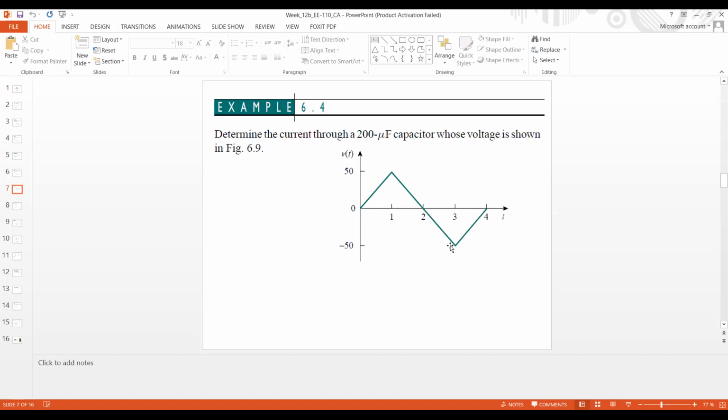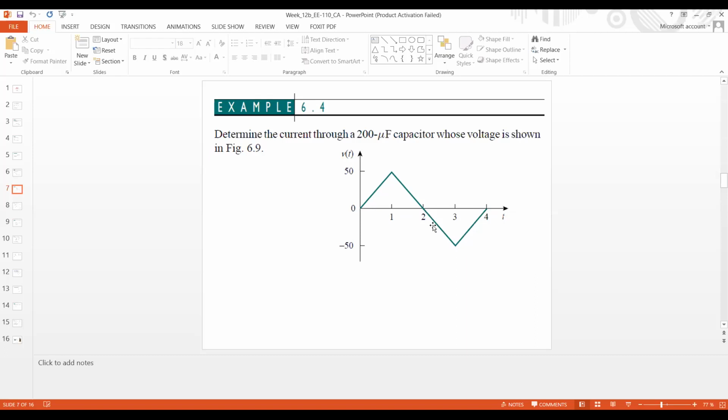For the next line I can take 2 points like 1, 50 and 2, 0, or 1, 50 and 3, minus 50, or 2, 0 and 3, minus 50.